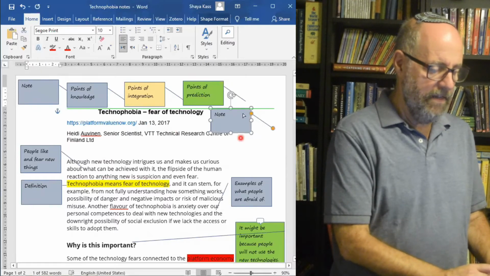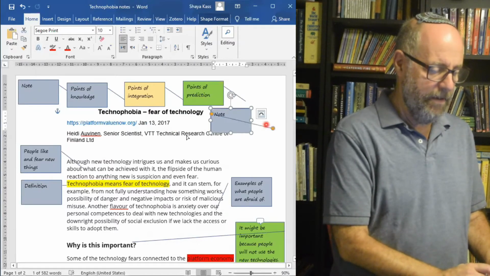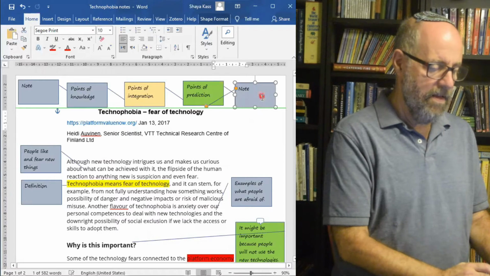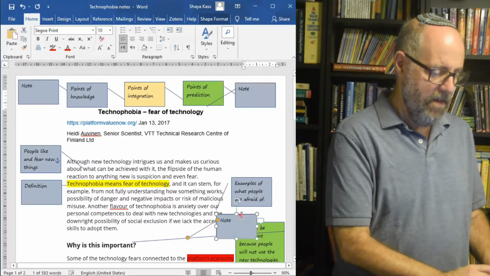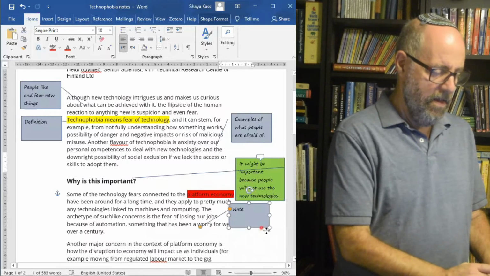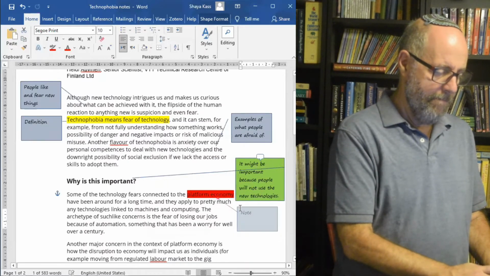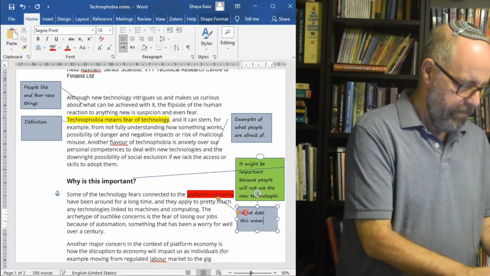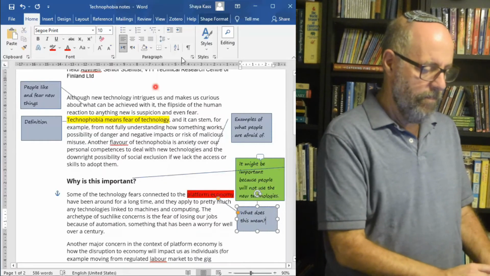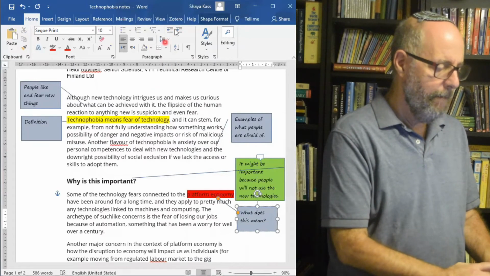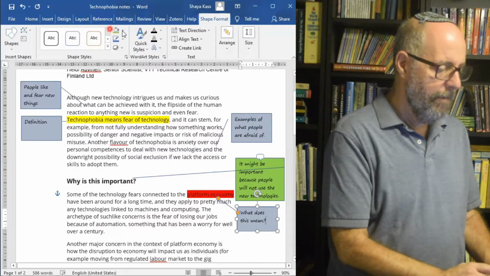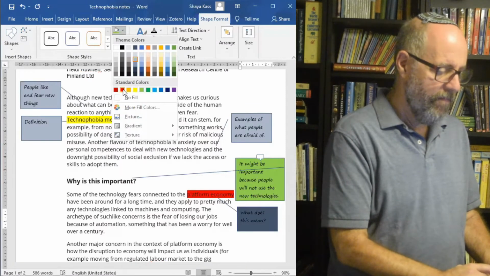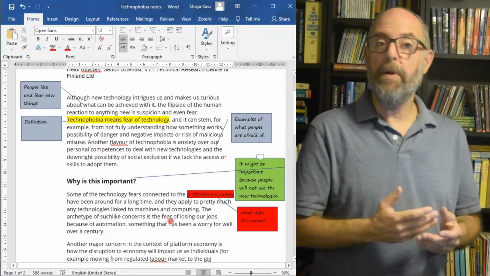I seem to have made a mistake and used that note, so I'm going to have to recreate it. Okay, so I want to know what platform economy is.